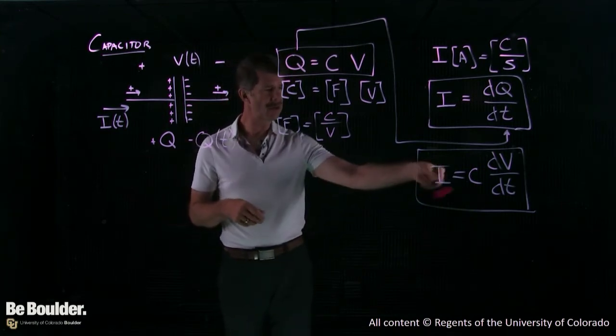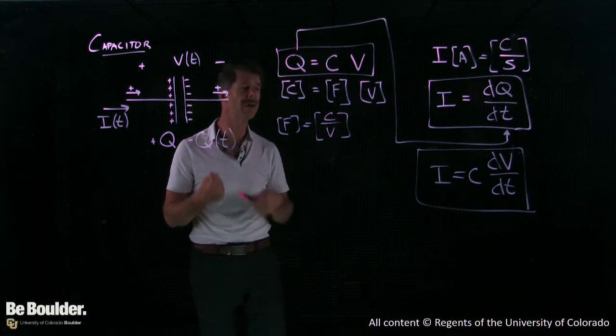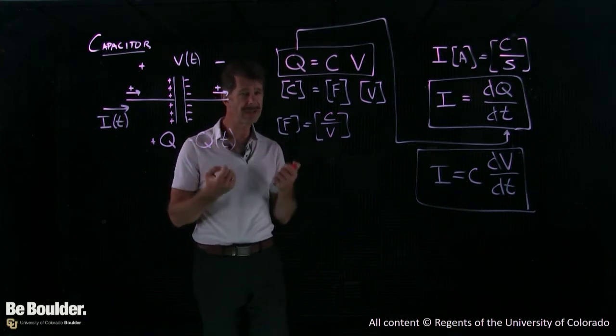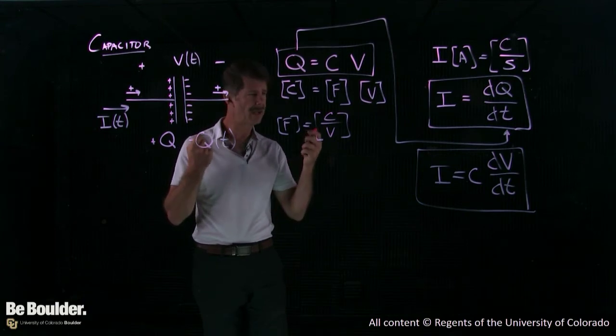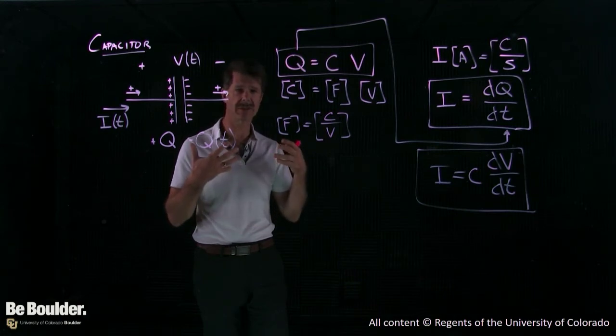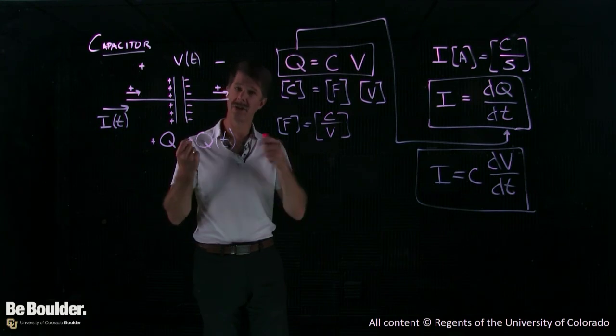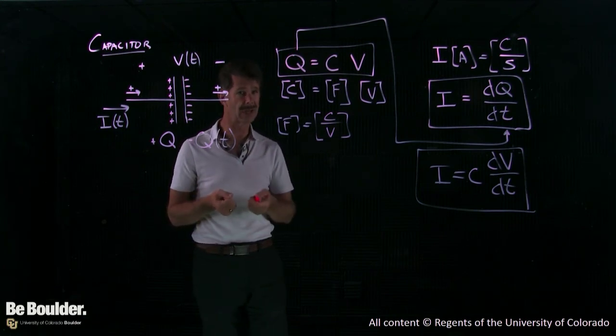And it says that the current is related to the time rate of change, the derivative of the voltage. That is a very different thing, and has big implications for how we'll use these devices, and makes us able to create much more interesting and complex circuits using capacitors than we could only with resistors.